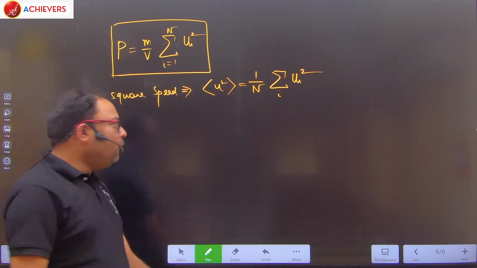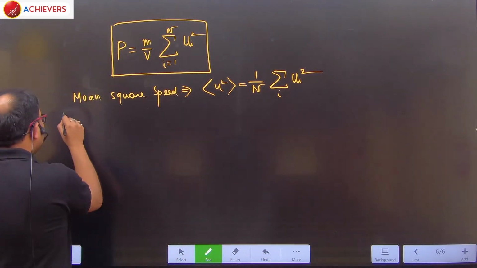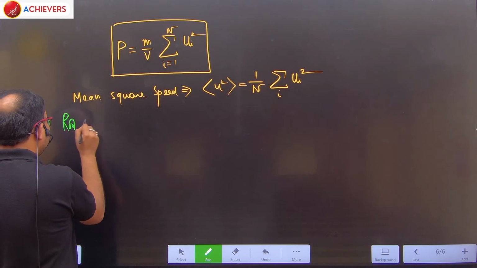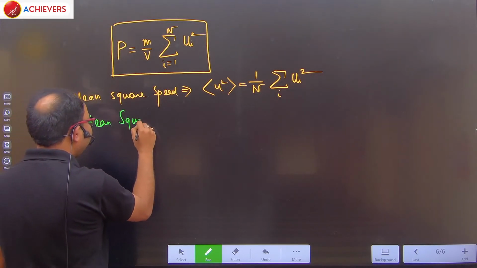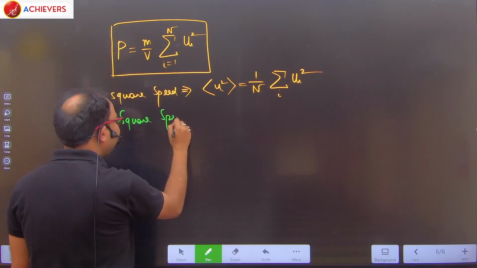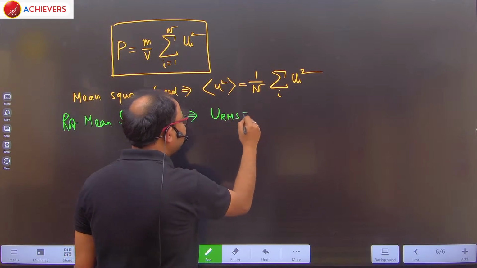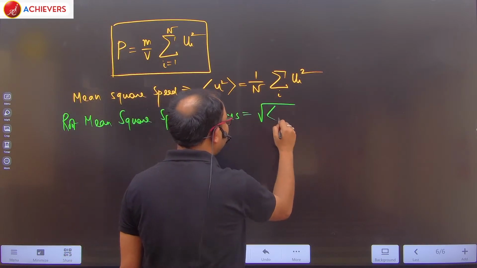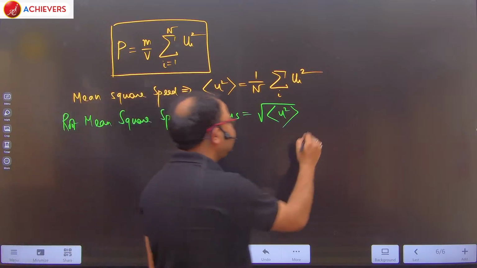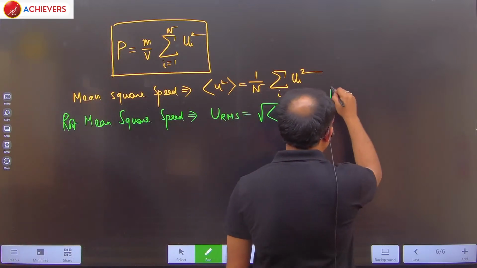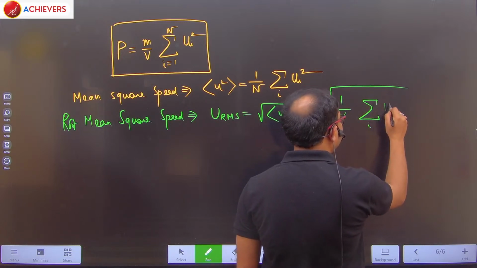And you have one more term, the root mean square speed. It is written as URMS and is nothing but the square root of the mean square speed, so the square root of 1 by n times the summation over ui square.